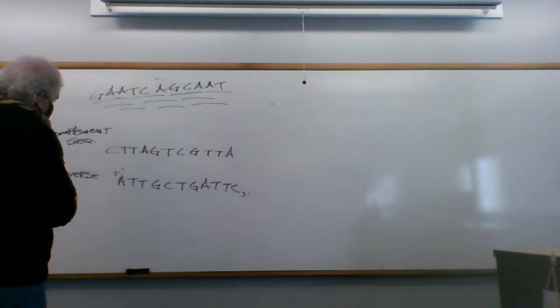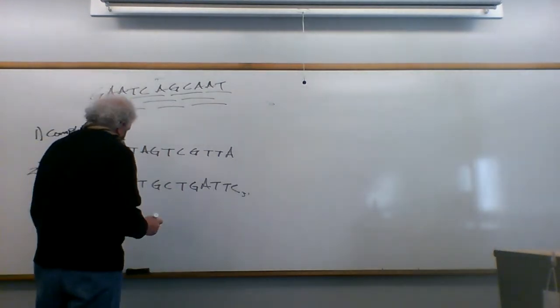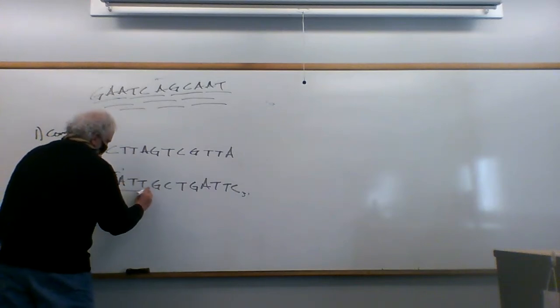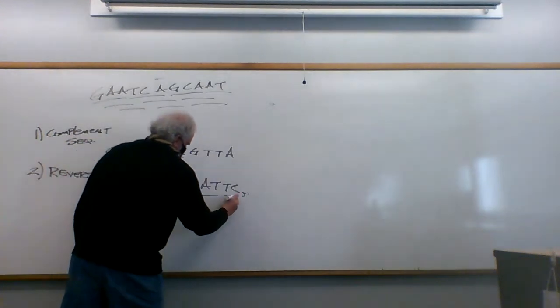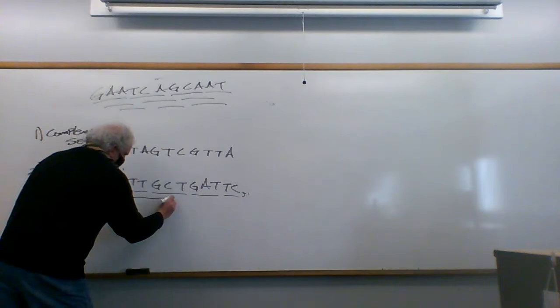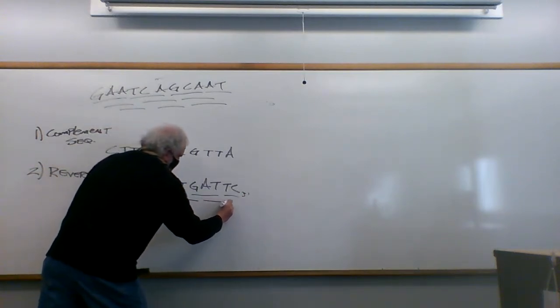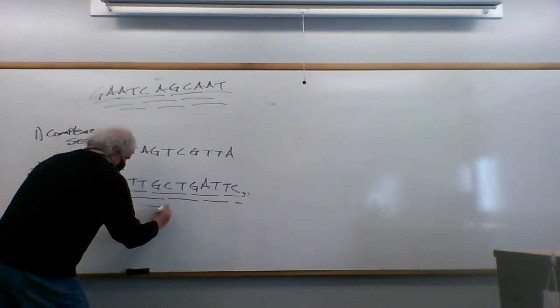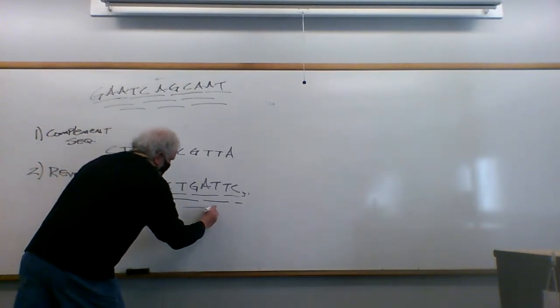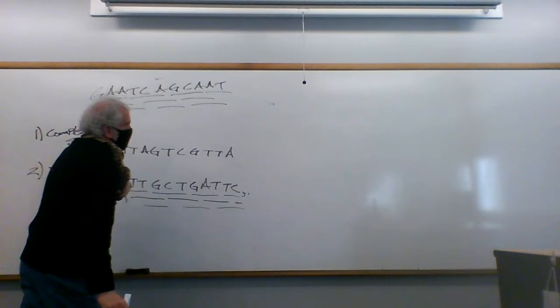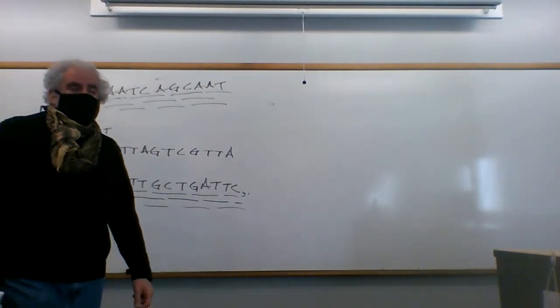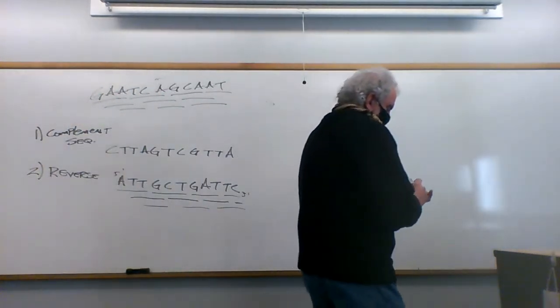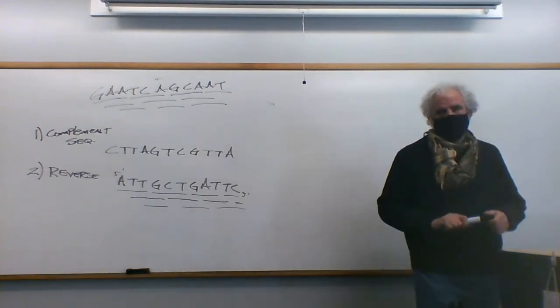And so now we go through and do the same kind of reading frames. AAT, GCT, GAT, TC, TTG, CTG, ATTC, and TGC, TGA, TTC. Okay. That's how you then identify all 6 reading frames.